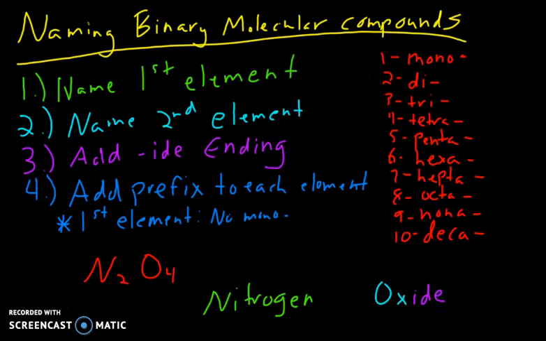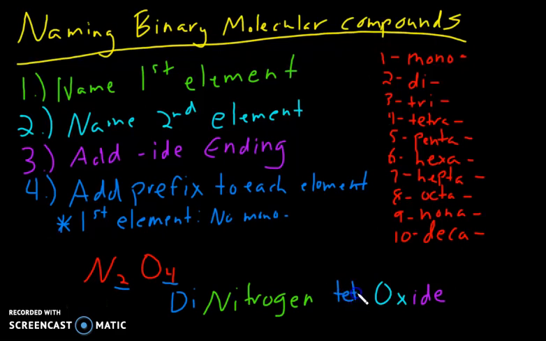Then our fourth step is to add the prefixes. For nitrogen, we've got 2 nitrogens, so we need the prefix for 2, which is di. So it'll be dinitrogen. And for oxygen, we have 4 oxygens, so we look over here and see that the prefix is tetra.